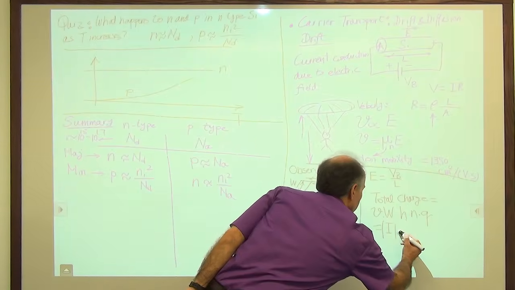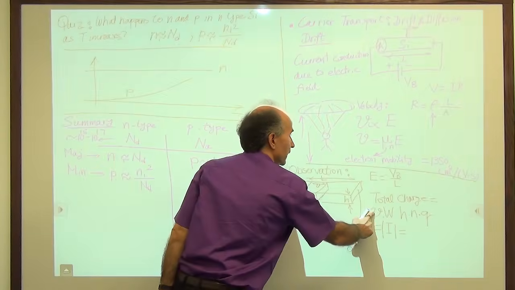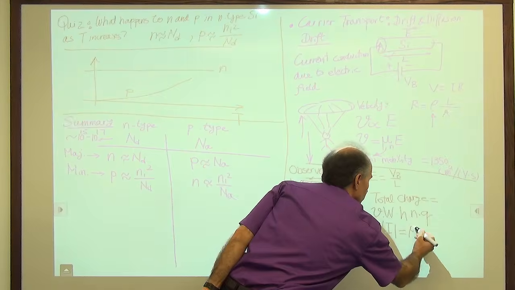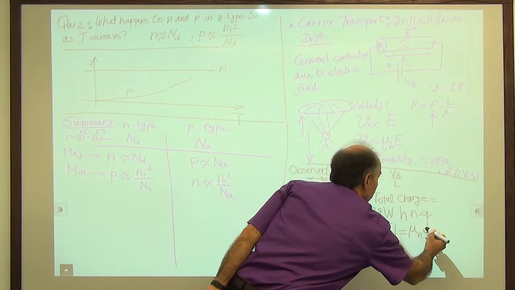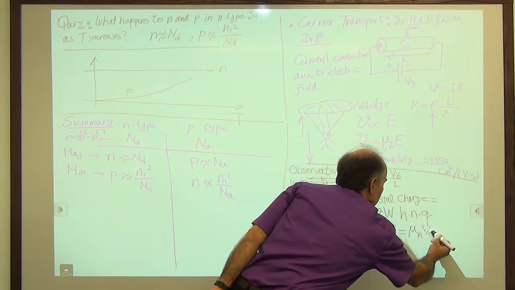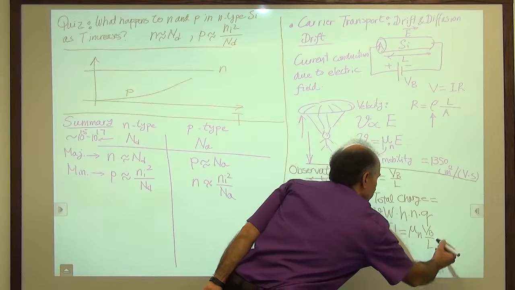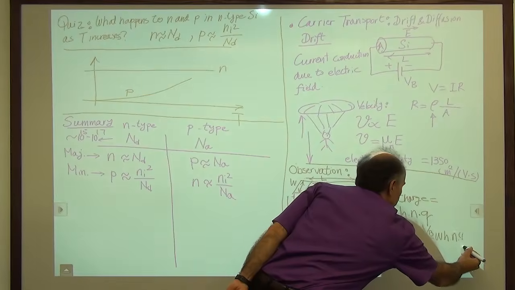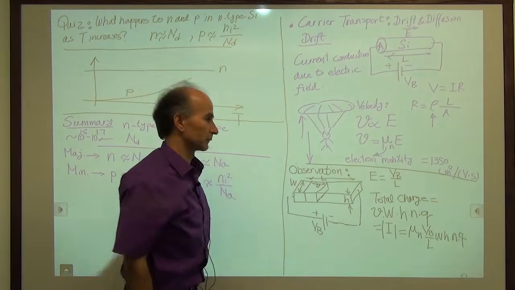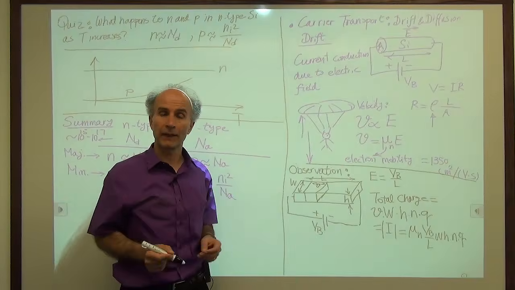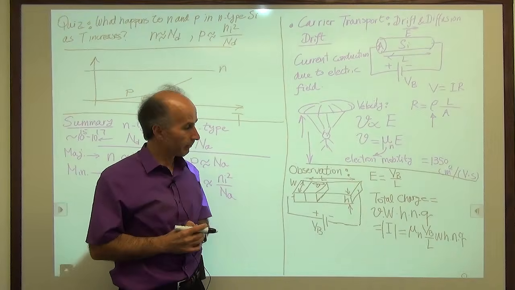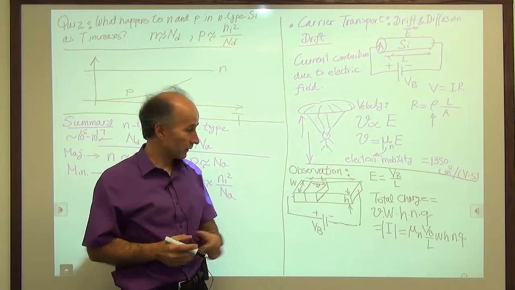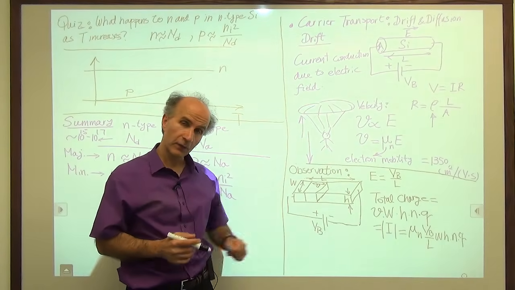So we can say that the current is equal to, instead of V I will write mu E, instead of E I will write VB over L. So I have mu of electrons times VB over L times W times H times N times Q. We have lots of parameters lying around, but that's okay. So that is the total current that passes through this piece of semiconductor in response to a voltage VB.